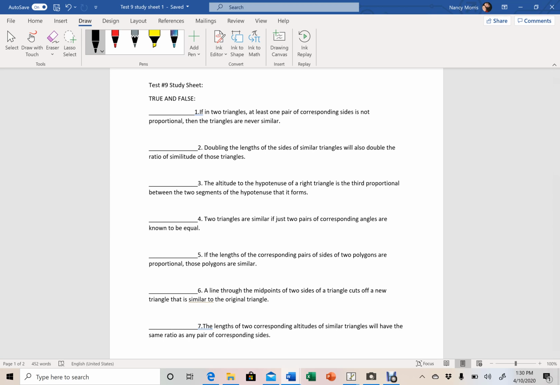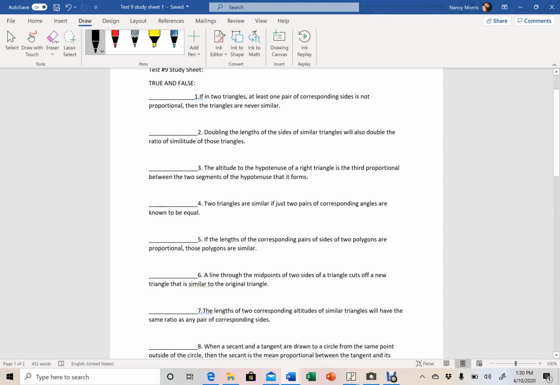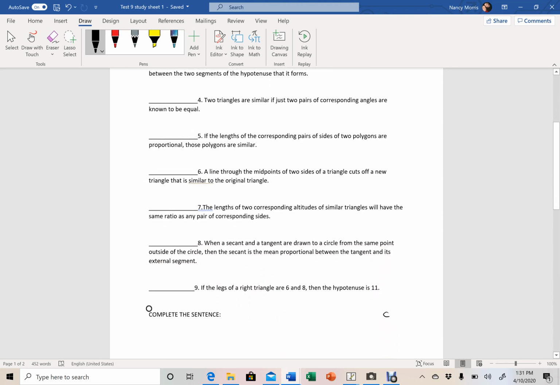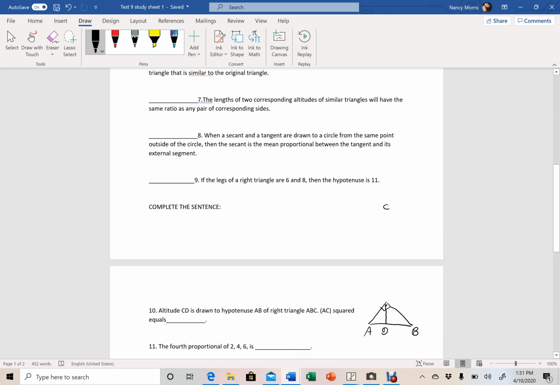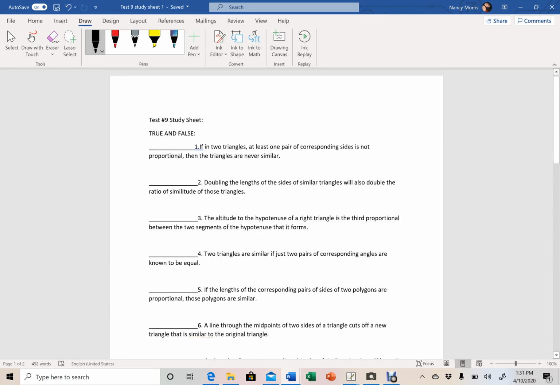All right, so the first section on your study sheet for today is a true and false section. Now, let me explain this. I have not put these in the same order as they are on your test, okay? And there are some that I have changed a little bit. So the purpose of this sheet is really only for study purposes. I've made them so that you have some work to do, so that today's work will be to complete this study sheet so you can begin studying.